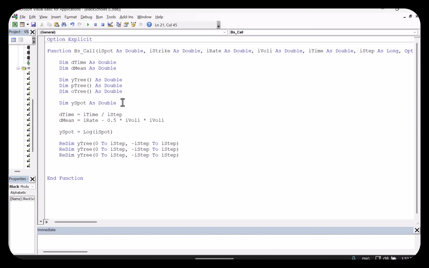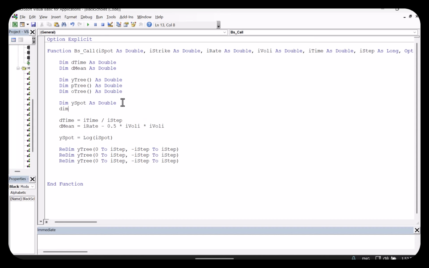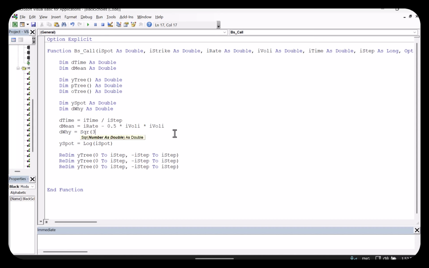I have one more constant that I'm going to use. Dim, let's call this dy as double. As you know, dy is equal to square root of 3 times d time.